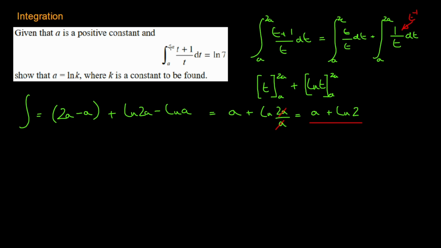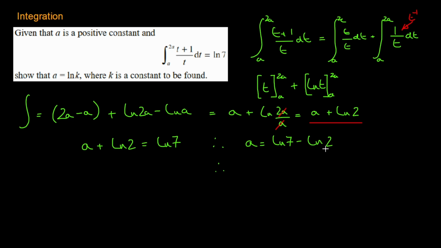Now we've got to use the fact that the integration that we've now performed is equal to ln 7. So we can just write that down. So we get a plus ln 2 is equal to ln 7. So subtracting ln 2 from both sides, we get a is equal to ln 7 minus ln 2.